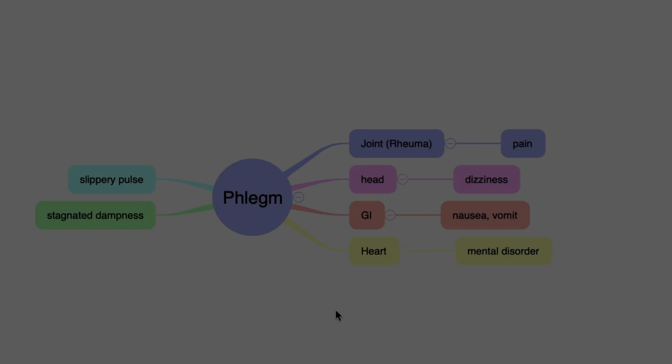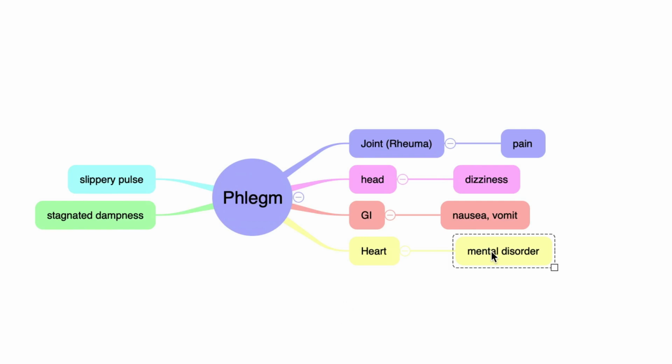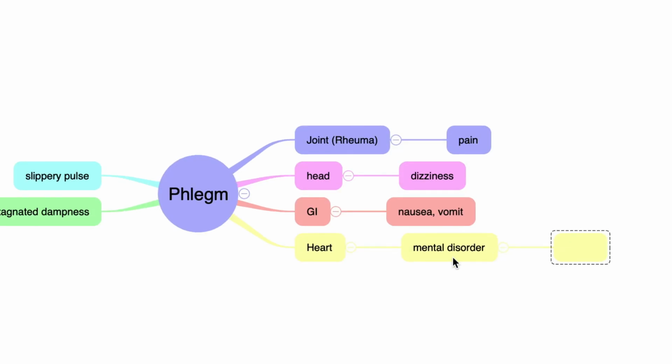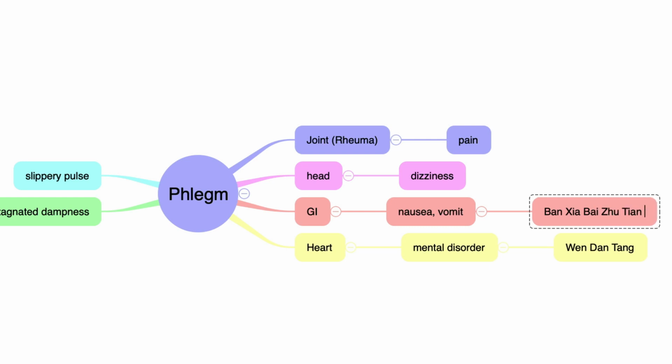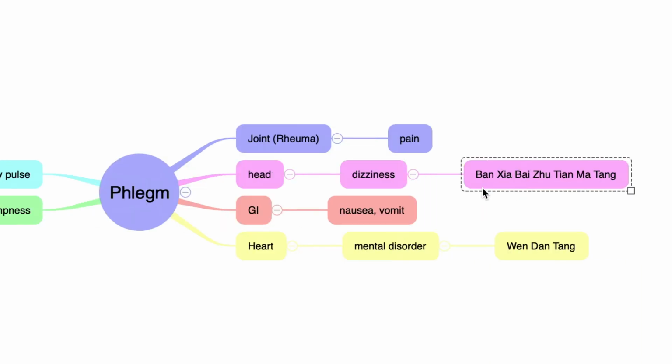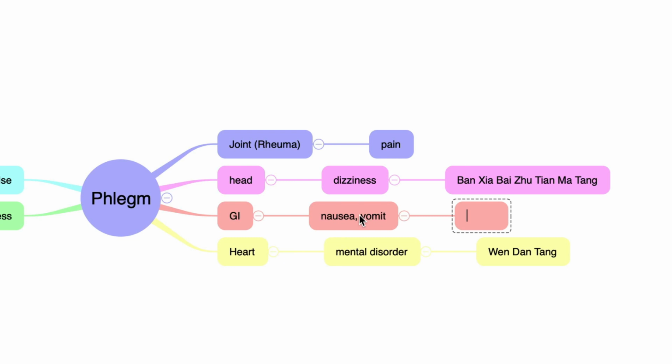Remember that. So when do you use this formula for heart phlegm? What is the formula? Wen Dan Tang. And nausea and vomiting. Do you remember? Ban Xia, Bai Zhu, Tian Ma. So for dizziness, Ban Xia Bai Zhu Tian Ma Tang. And GI, ring a bell? Liu Jun Zi Tang.